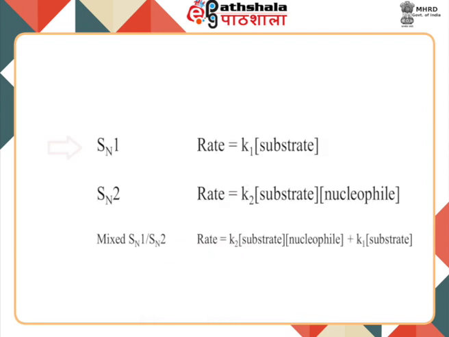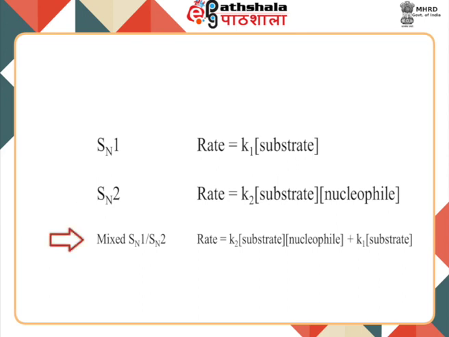First, let us study the concentration of nucleophile. The rate laws for SN1, SN2 and mixed SN1, SN2 reactions are as follows. For SN1, rate is equal to k1 times the concentration of substrate. For SN2, rate equals k2 times the concentration of substrate multiplied by the concentration of nucleophile.